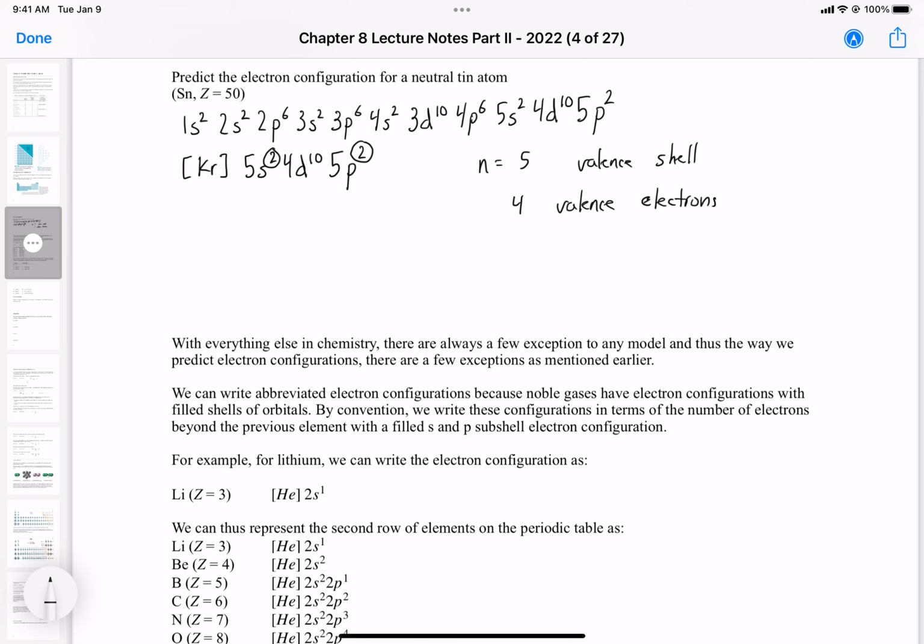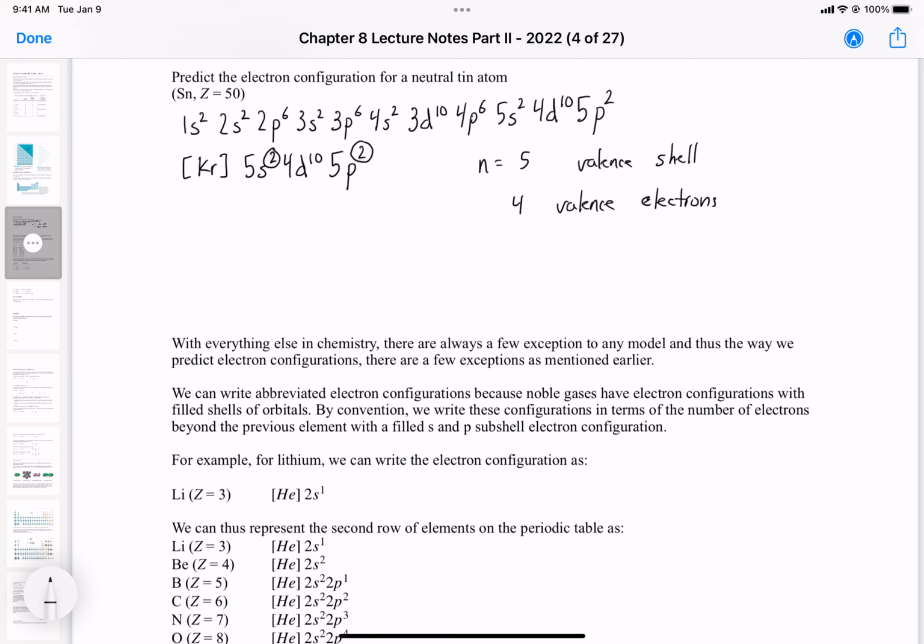One thing we can do is condense the electron configuration by writing a noble gas configuration. We can use the noble gas notation to abbreviate the inner core electrons. For example, for lithium, we can say it has the electron configuration of helium and then an additional electron in the 2s level.